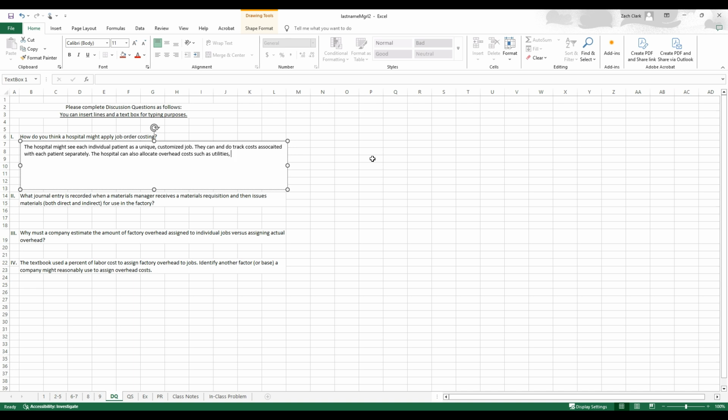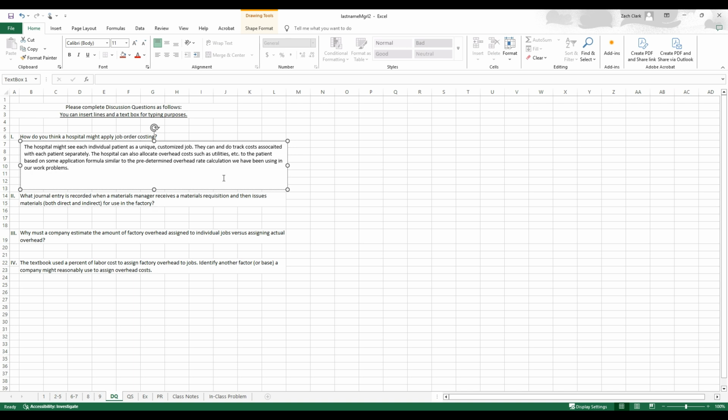So yeah, the hospital would allocate overhead costs, such as utilities, etc., to the patient based on some application formula similar to the predetermined overhead rate calculation we have been using in our work problems.